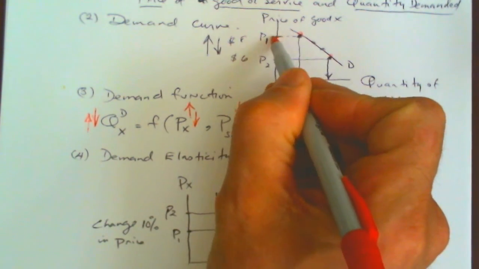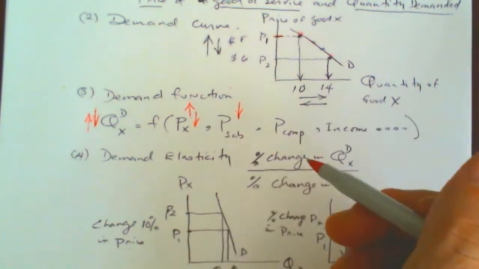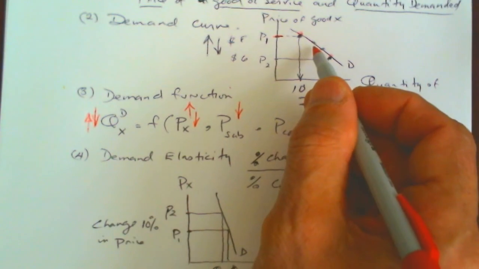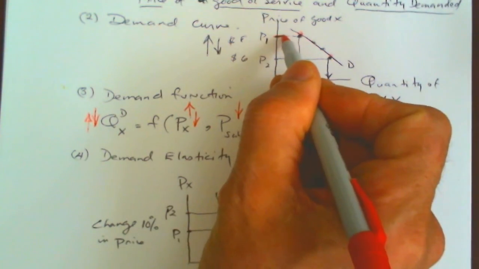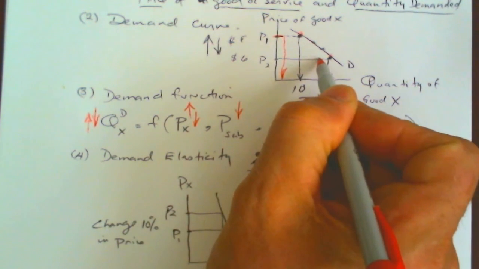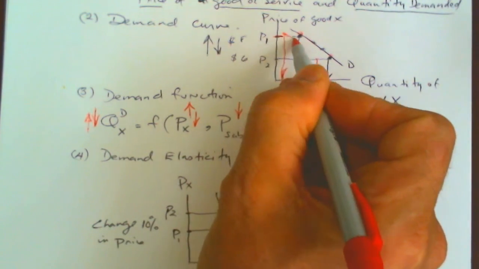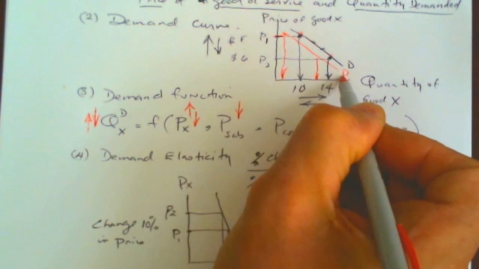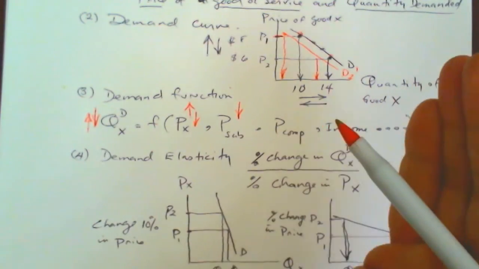So we hold the price constant as it is, and because the substitute is cheaper, some of these customers walk away to the other product, so that at price P1 smaller quantities sold, and at price P2 also smaller quantities sold. So if we connect these 2 points, we end up with a new demand curve, which is smaller or to the left of the previous one.